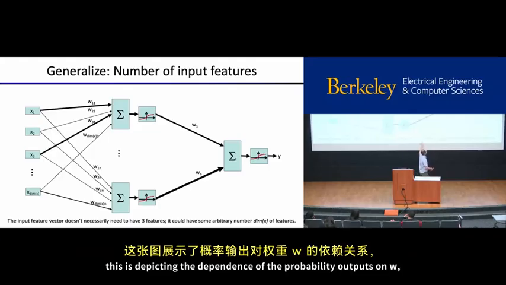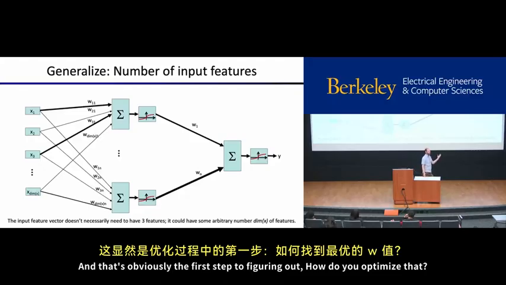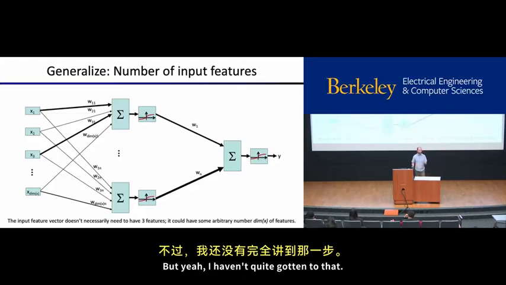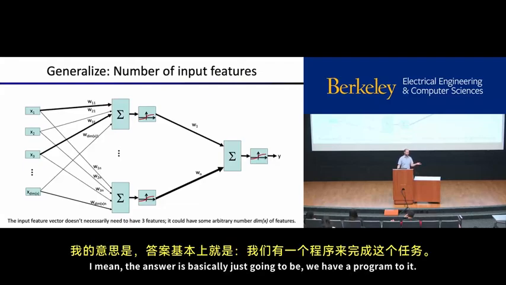Right now this is depicting the dependence of the probability outputs on W, how the different W's will affect the output. And that's obviously the first step to figuring out how you optimize that. But yeah, we haven't quite gotten to that, getting to it soon. Kind of. I mean, the answer is basically just going to be we have a program do it.